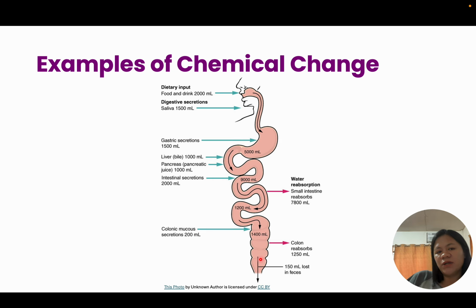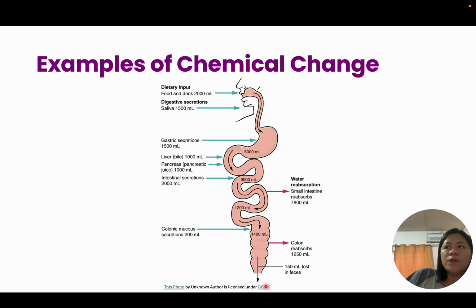And as you notice, only 150 ml is left for our waste. So that's somehow the illustration of how chemical change happens in our body, wherein it cannot be fully wasted because our body is reabsorbing it.